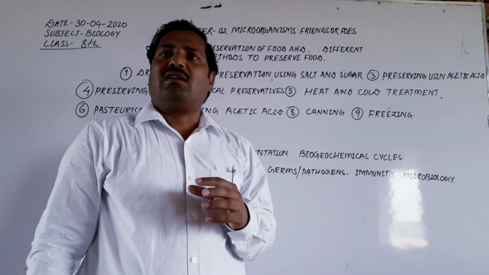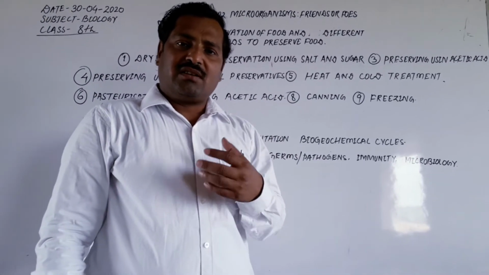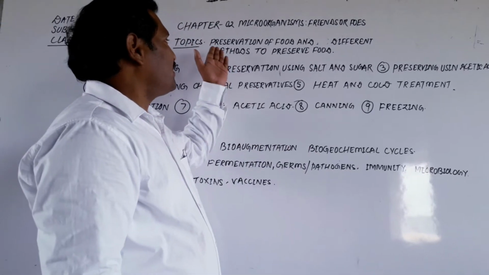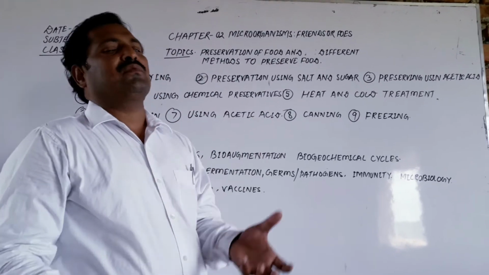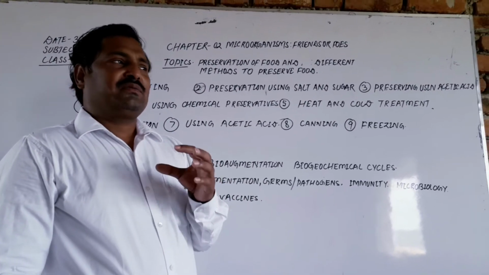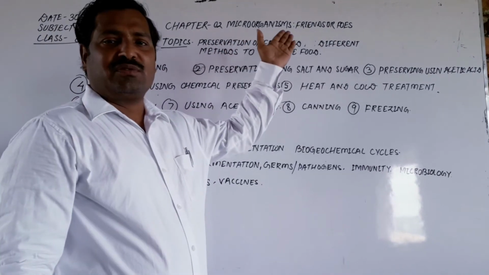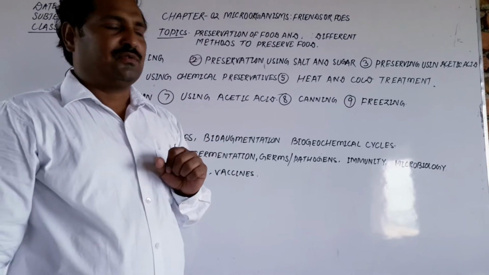When the food is free from microbes, its flavor and taste are not damaged or destroyed. This is called the preservation of foods. Preservation is made from the word preserve, which means to make the food safe from different pathogens or different microbes. These are called the preservation of the foods.